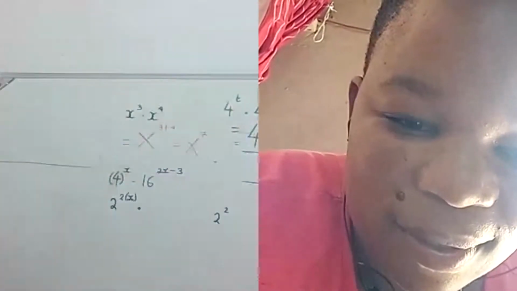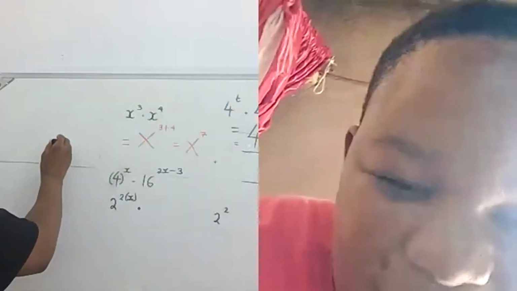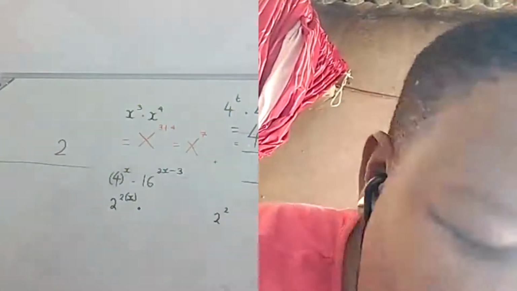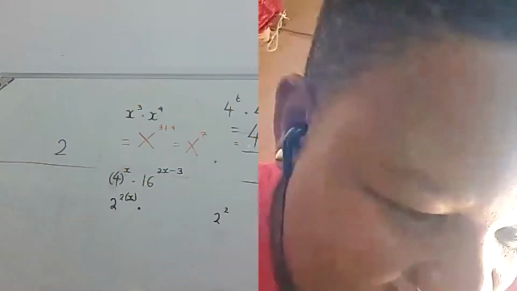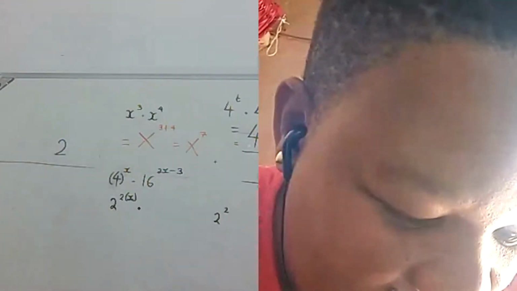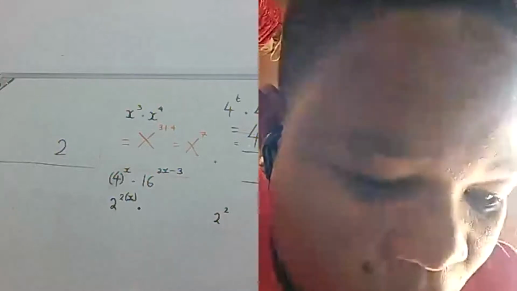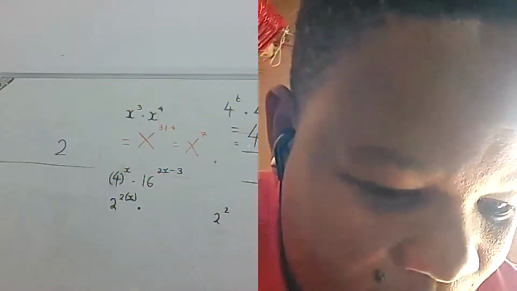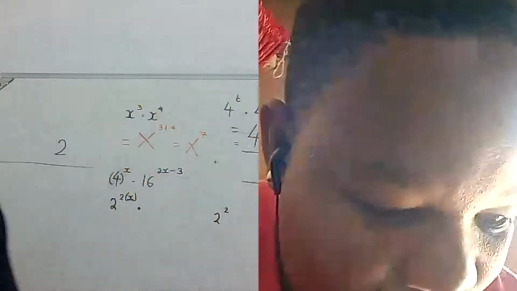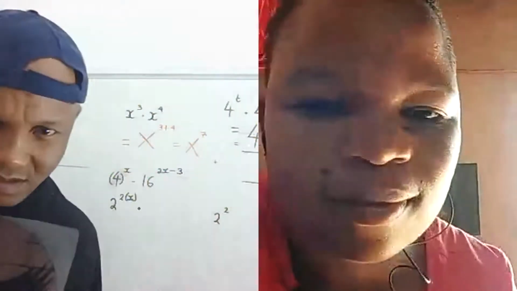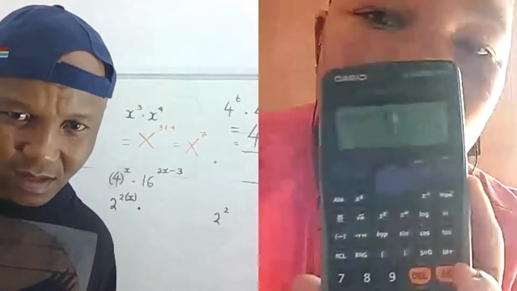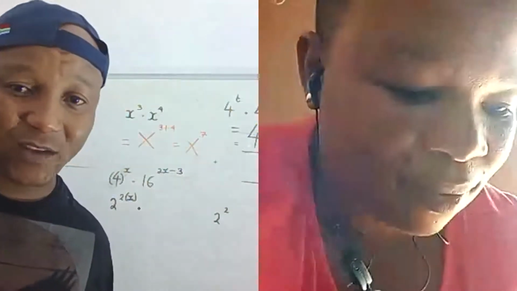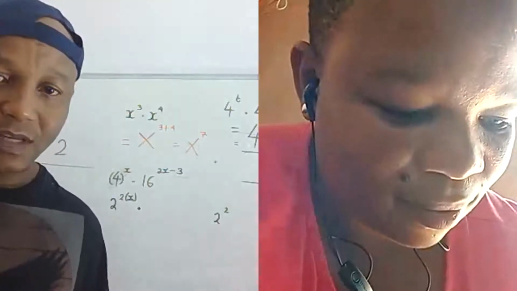If you look at your calculator, there's a 2 and then there's a power button. Let me get my calculator so I can explain to you easily. Okay, let me see your calculator. You see where there's x squared, next to x squared, it does something with the power.